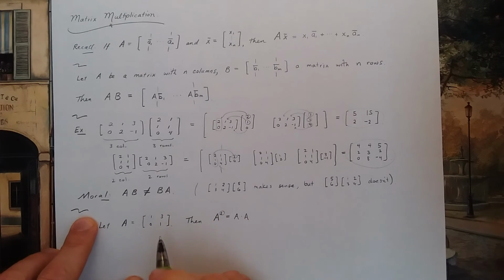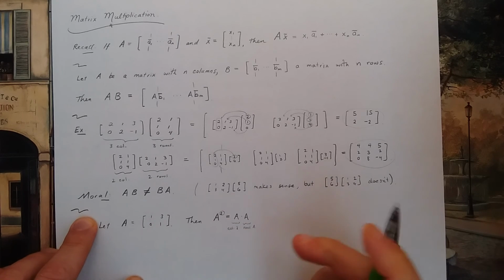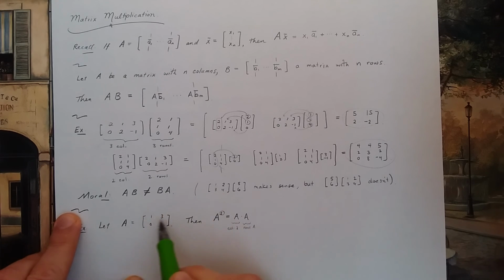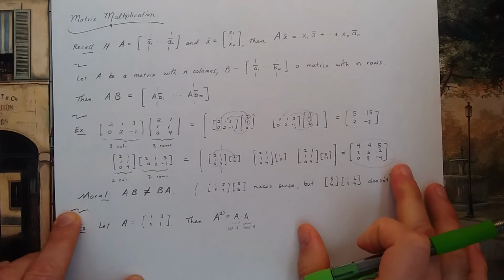Now, if you think about it for a second, the number of columns in A, in this case 2, has to equal the number of rows in A, which also must equal 2. So in order to do a squaring operation, you must have a square matrix. Square matrix means that the number of rows and columns are equal.